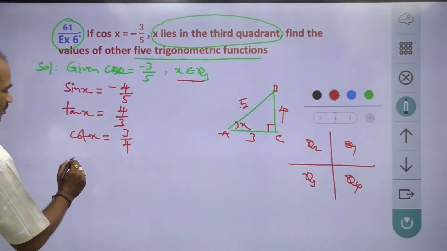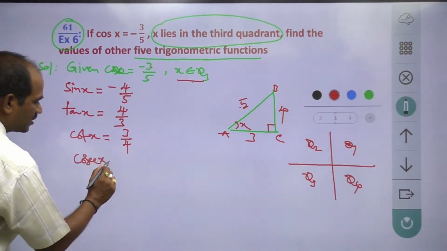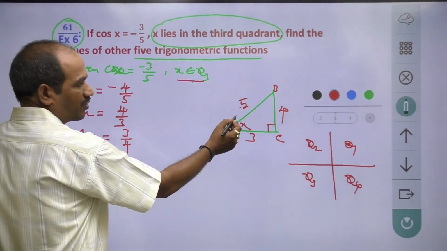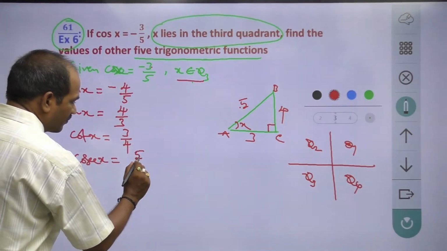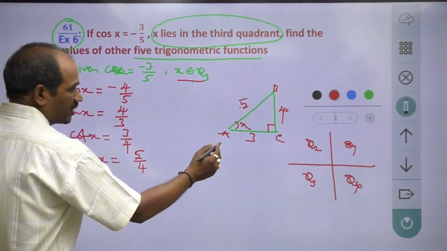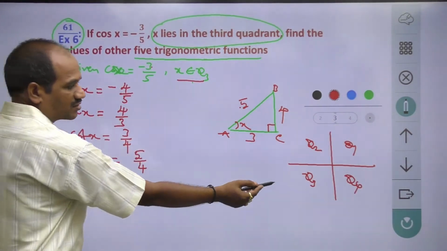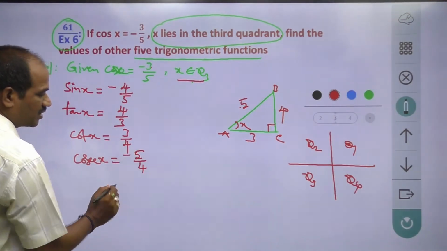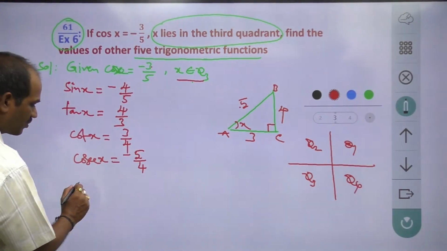Next cosecant x. Cosecant x is hypotenuse by opposite side. Hypotenuse is 5, opposite side is 4. Since x lies in the third quadrant, cosecant is negative, so take minus. Next secant x.